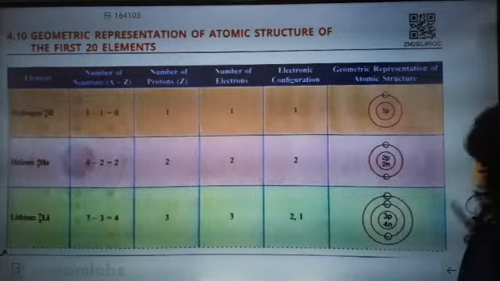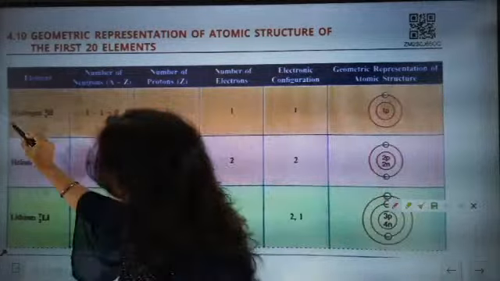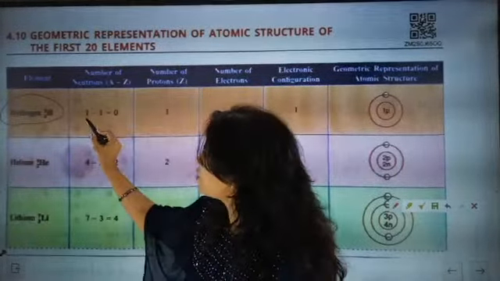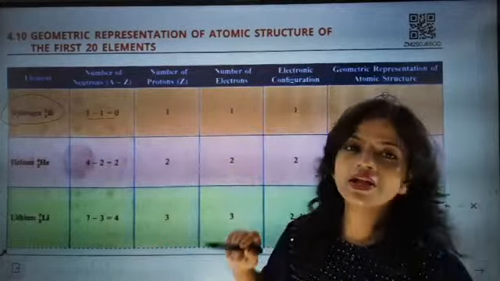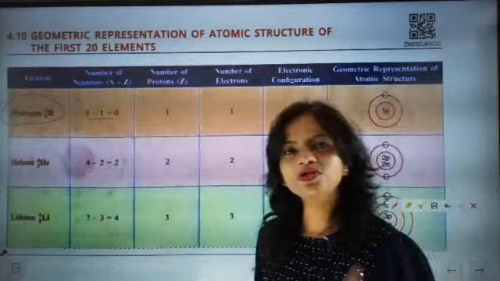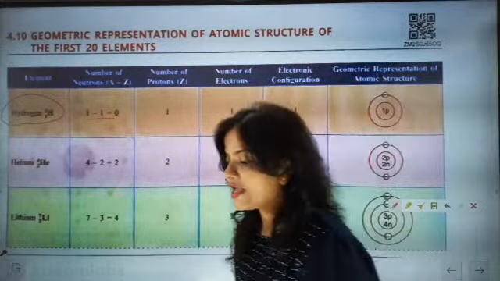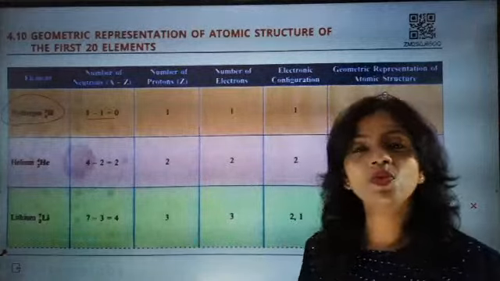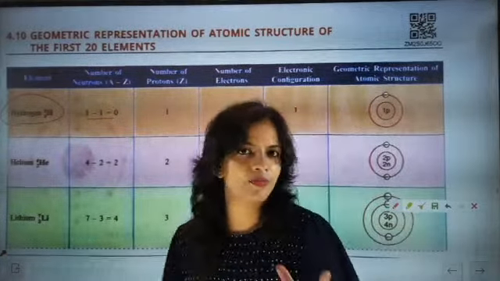So first see electronic configuration. First we are going to start from hydrogen. Hydrogen's atomic number is 1. So what will be the number of neutrons and protons?